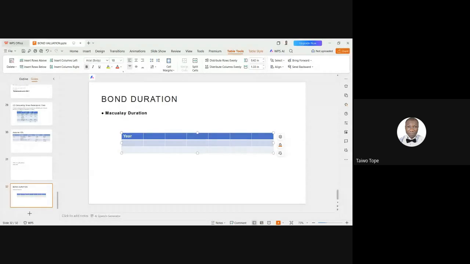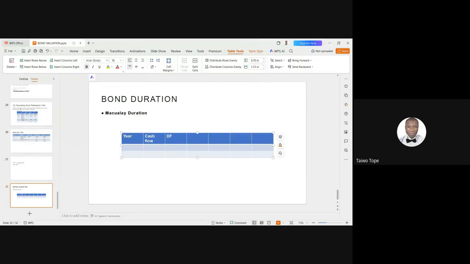For the tabular approach, this is what we do. You have the year, you have your cash flow, you have your discount factor. Your discount factor for duration will be your market yield or return. It will be given in the question.